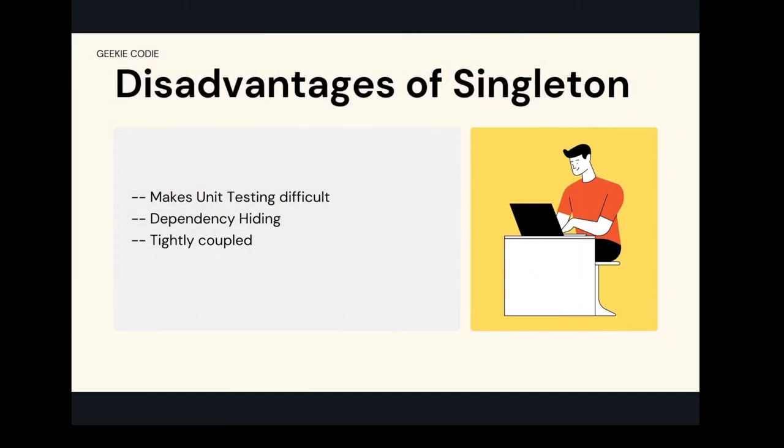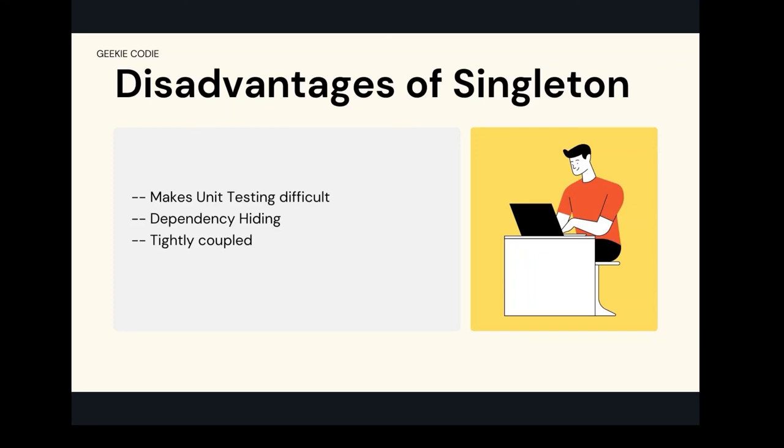Now let's shed some light on the disadvantages and drawbacks of using the singleton design pattern in your application. Ideally, you should always avoid using the singleton pattern in your application if possible. The drawbacks are that it makes it really difficult to test your application, and unit testing is hard because you cannot create another instance of the object for testing.